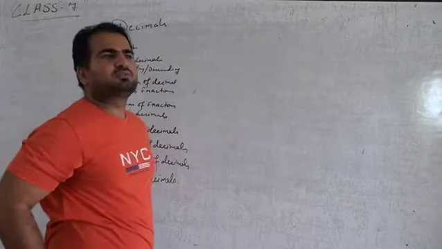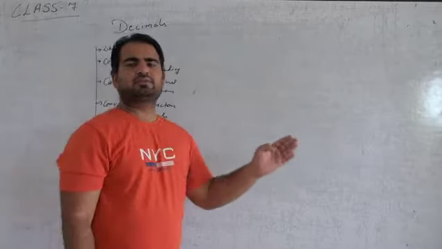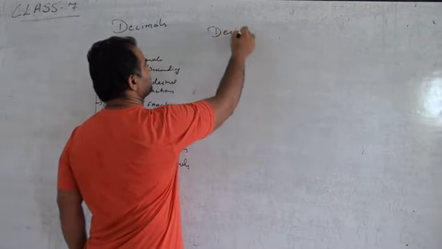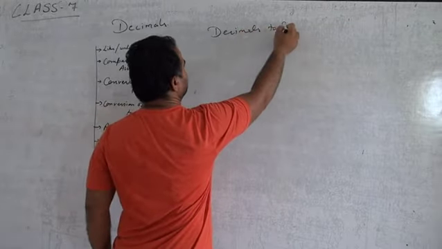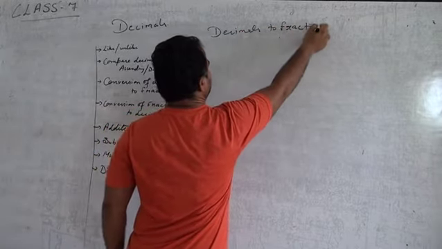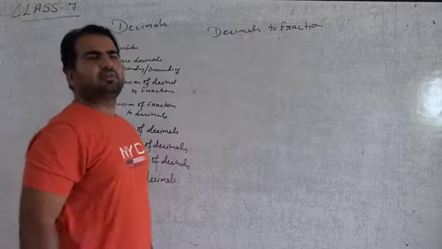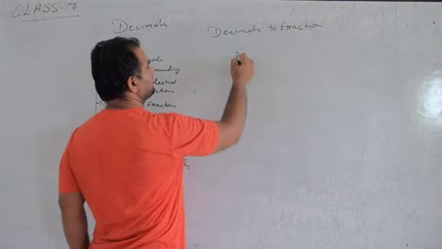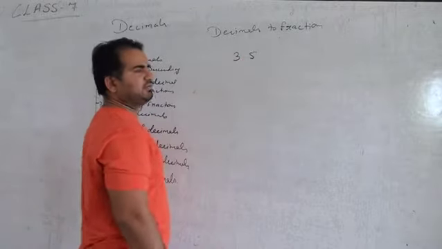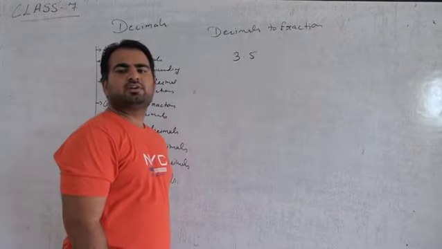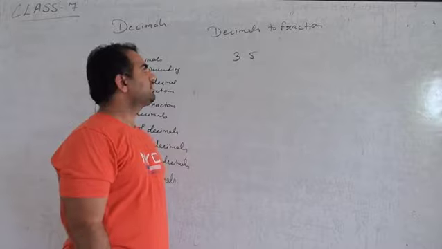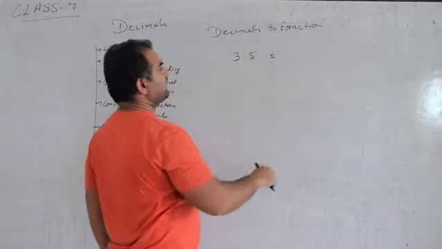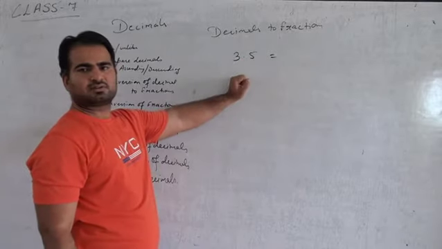Okay. So while converting decimals to fractions, we have to count the number of digits after the decimal. Like it was 3.5, and we have to convert it into a fraction. Count the number of digits after the decimal.